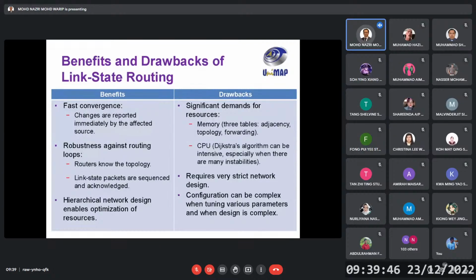All the organisations have their own preferred design, but most of them use OSPF. More than 15 years in industry, and of course in lecturing even longer.